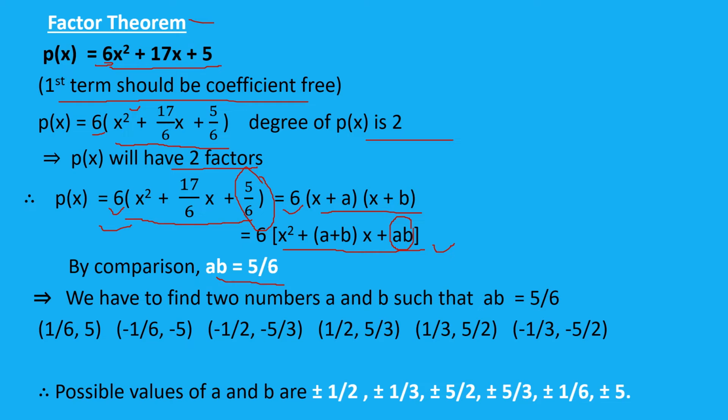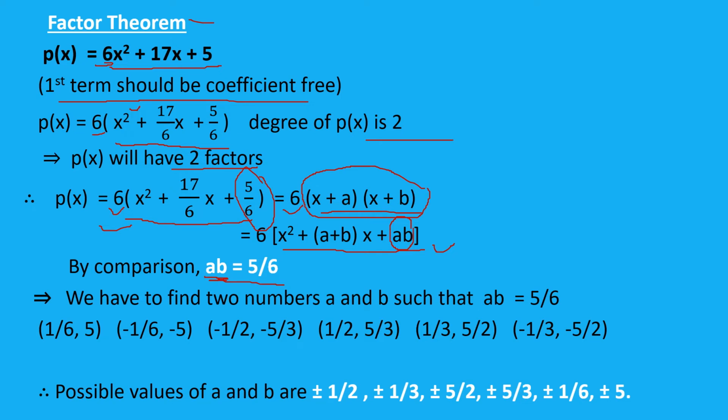Now to find the factors of the polynomial, first we have to find the values of a and b. After getting the values of a and b, we can put them in these factors and we will get the factors. So we will use this relation that ab = 5/6.